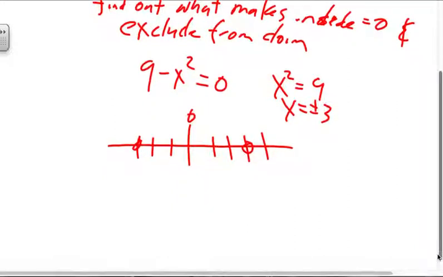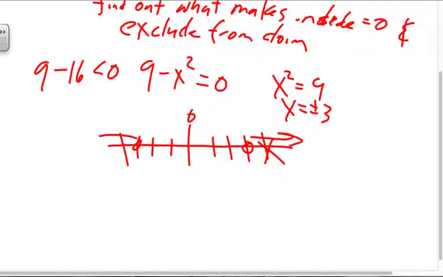What's going to happen is you're going to end up with 9 minus 16, which is going to be less than 0, which will make this imaginary. So anything out here will be excluded. And the same thing will happen if you plug in a negative 4, anything out here excluded. So x is going to have to be between negative 3 and 3.